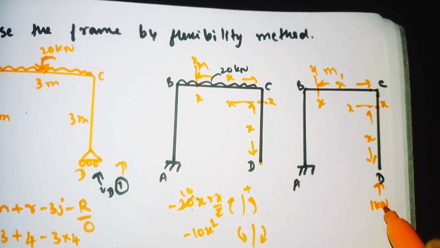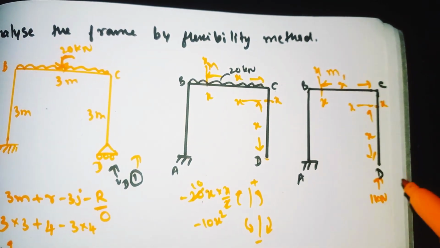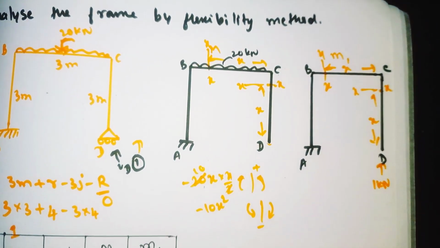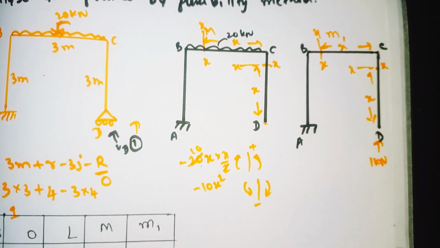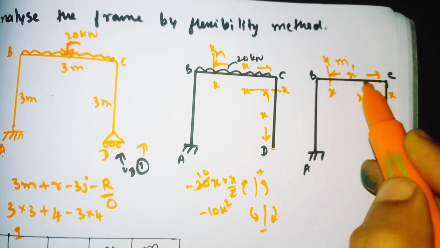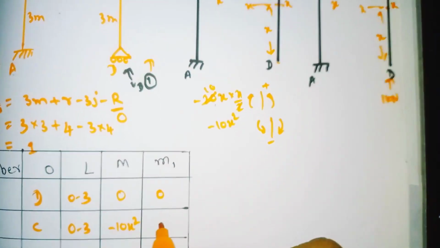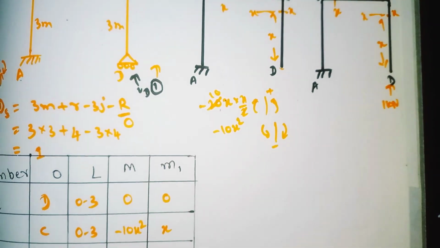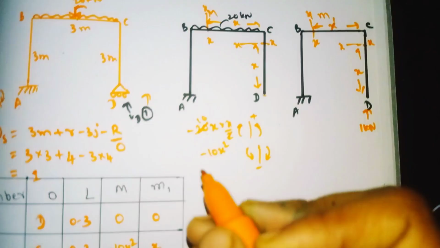The perpendicular distance of the 1 kilonewton load from this section is x, so BC is perpendicular, and the distance is nothing but x. So M1 is x.